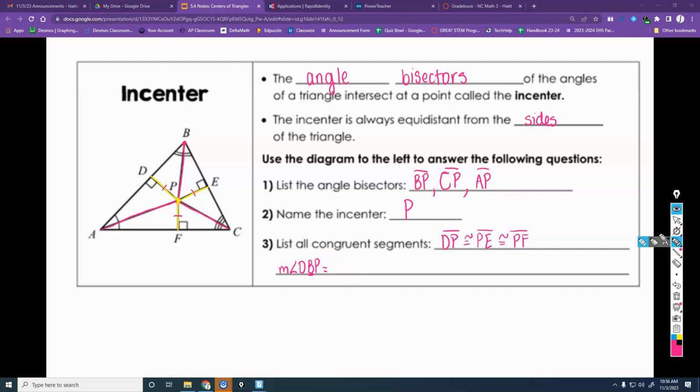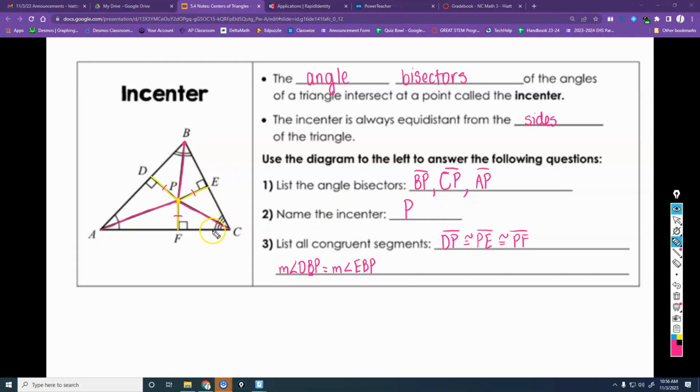If I didn't have the M, I would use the congruent sign. It's not going to matter much one way or the other, but the measure of angle DBP equals the measure of angle EBP. So these two angles right here are congruent to each other.